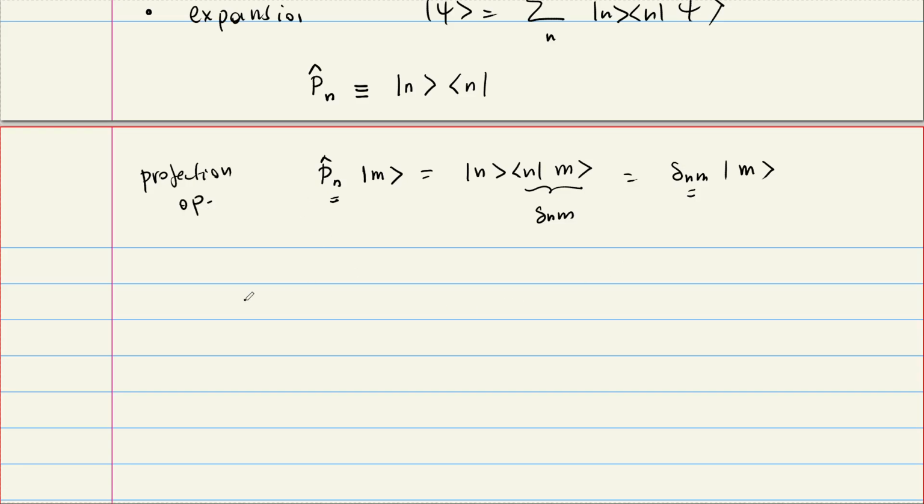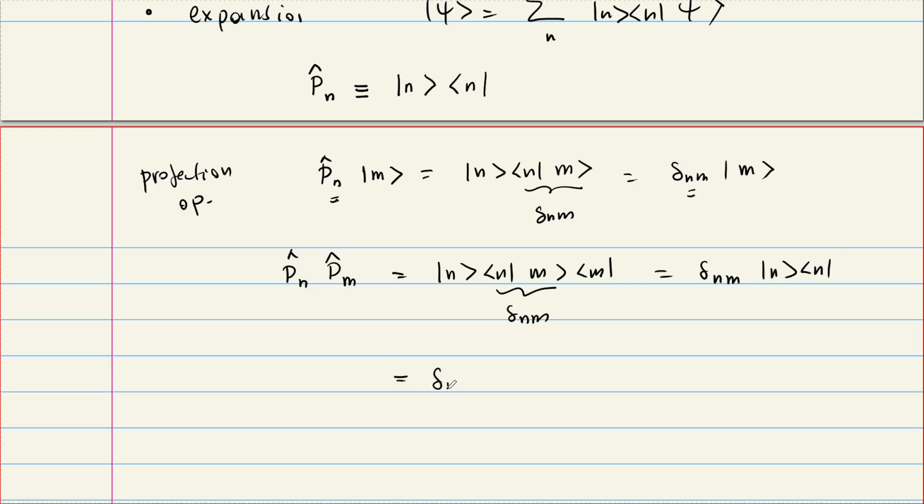And it has some properties. For example, if I have two of these, if I project P n and P m, what is it? It is n, n m, m. So this is delta n m, n, and this is equal to delta n m, P n.